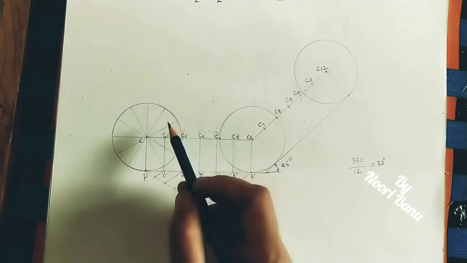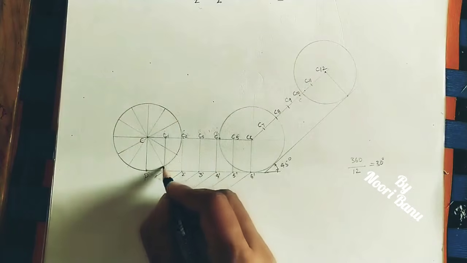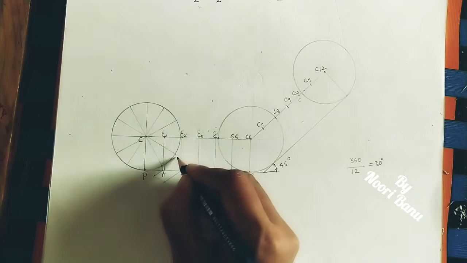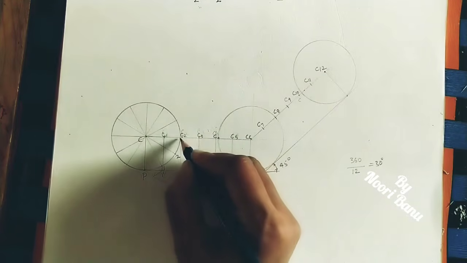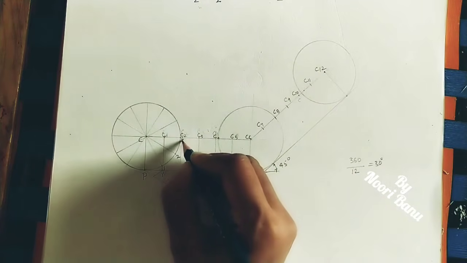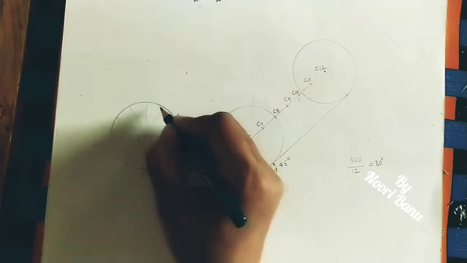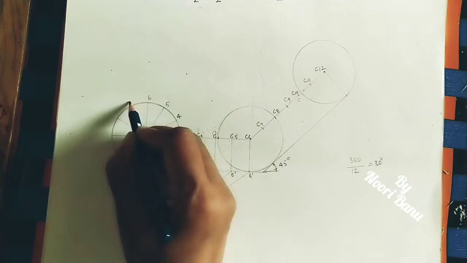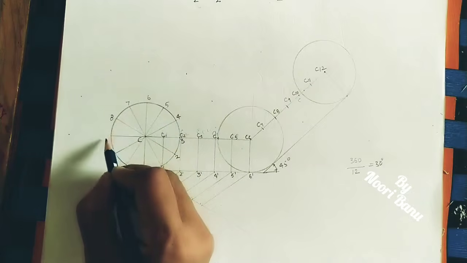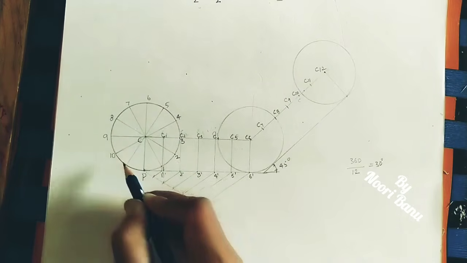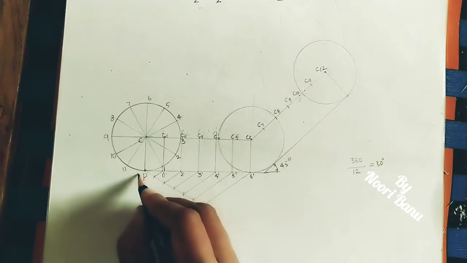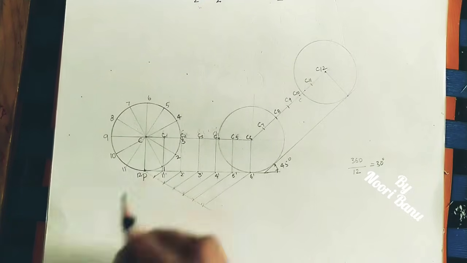Now here mark the points. Take this intersection point of this diameter with the circle as 1. This point is 2. This point is 3, 4, 5. This is 6, 7, 8, 9, 10, 11. This P point we can also take as 12. So 12 and P are at the same point.